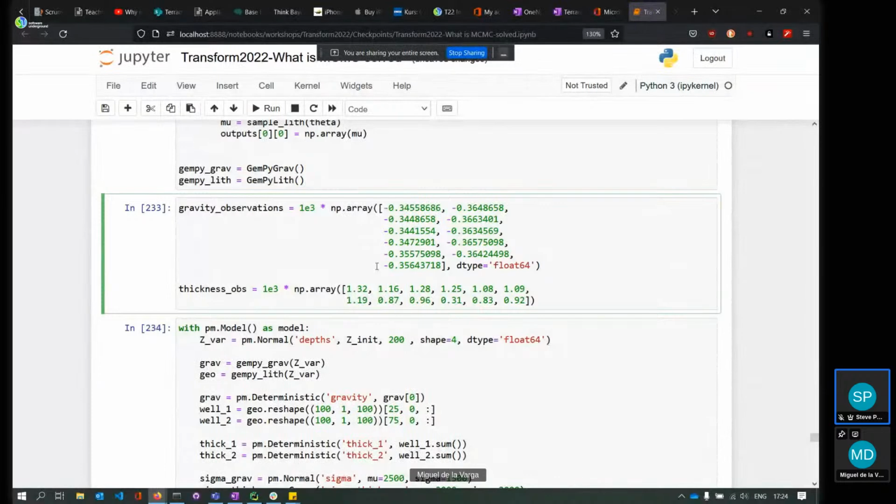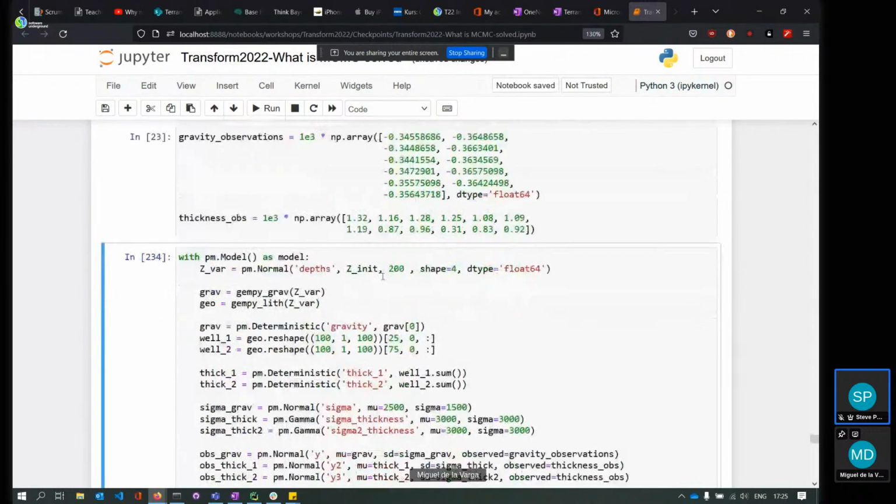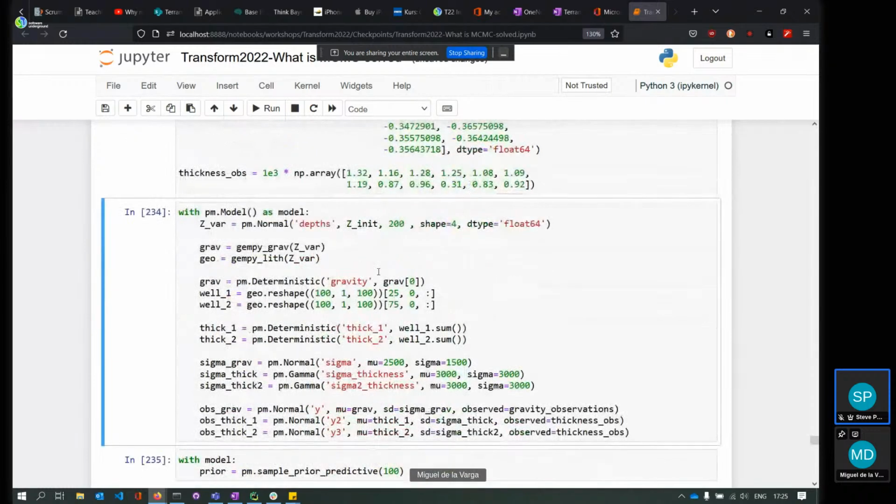Similar to before, defining our observations, a bunch of gravity observations, a bunch of thickness observations, because those are observations, and now defining the PyMC model. So despite the mathematical model being very complex, the Bayesian model is not that complex. So we are going to have a normal distribution that represents the mean of the 4 points that we have.